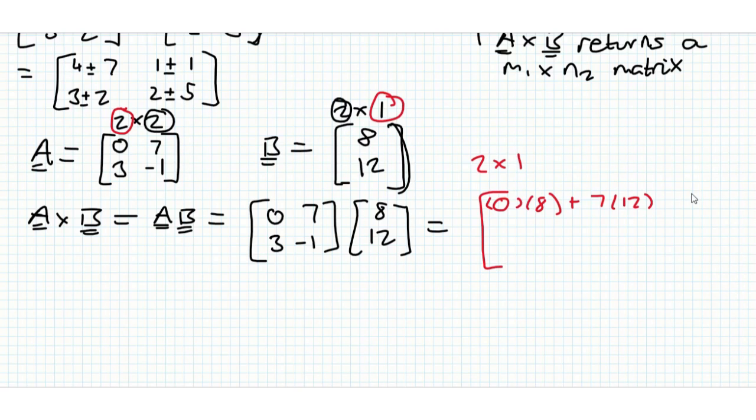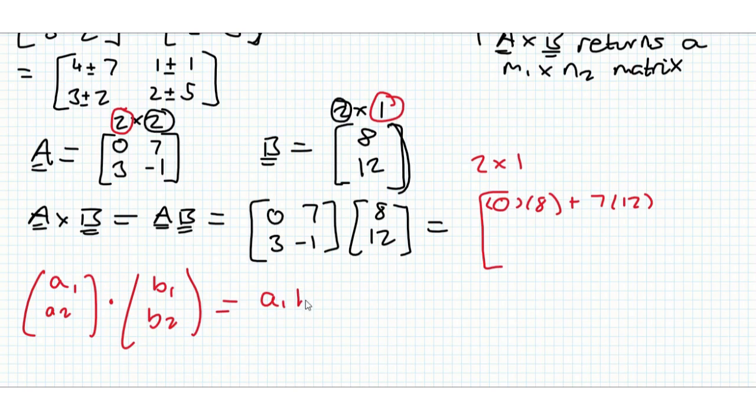But essentially, if we've got two vectors, one with A1, A2, and this is defined for vectors in R3, R4, whatever, but in this case we're dealing with R2, you just multiply the corresponding elements and then add up the products.